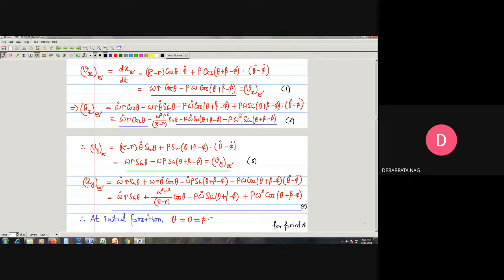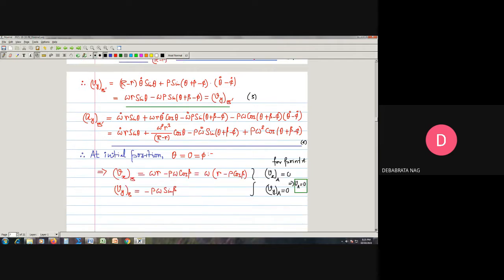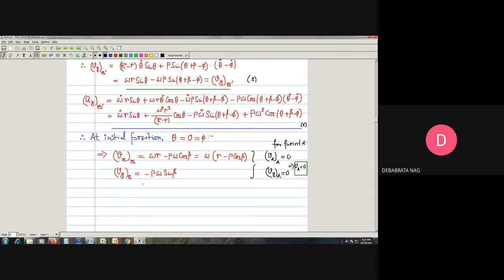Now how can we calculate the acceleration of the point A, acceleration of the point B in initial configuration? So we see again for acceleration we can write it like that: a_x, that means the x component of the acceleration of the point B, will be what?